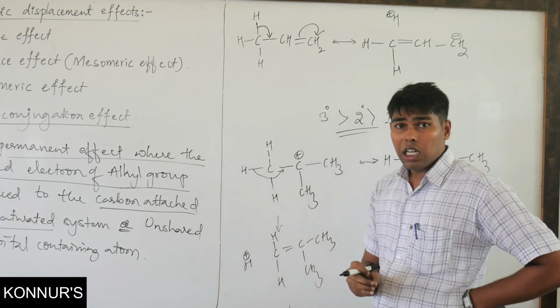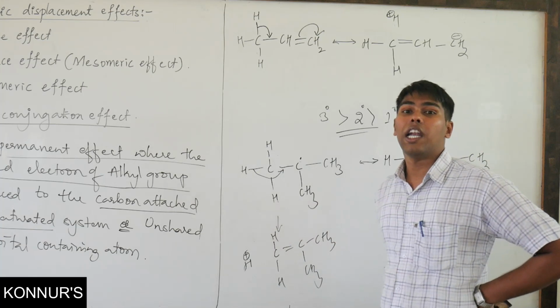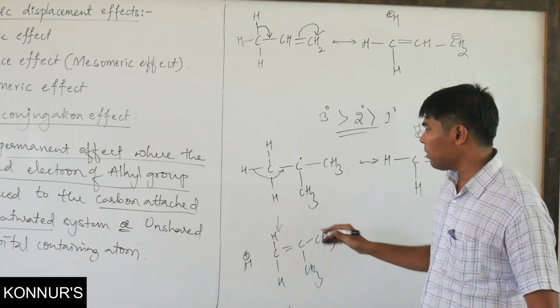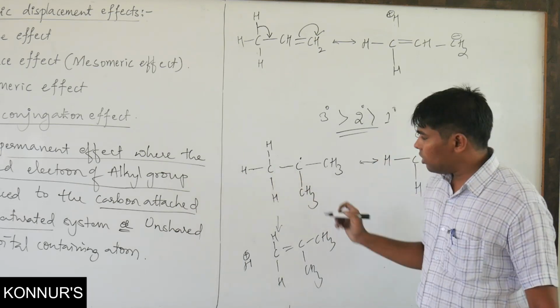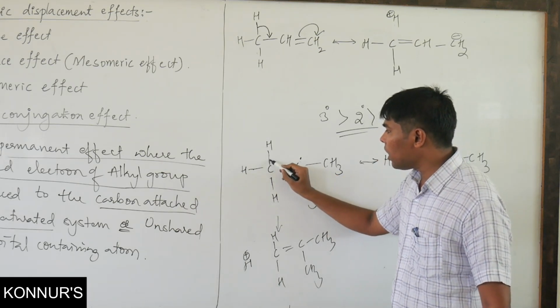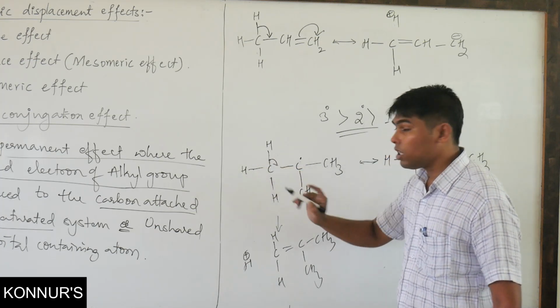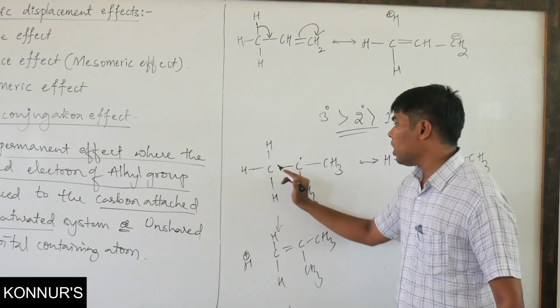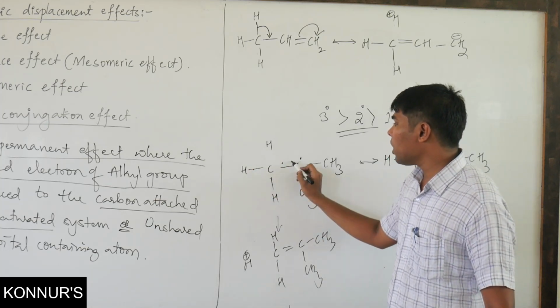This is also the same if it is a free radical, a tertiary carbon free radical. What happens is, here a single electron will move. So one electron from the carbon remains on the carbon only, with one electron displacement, a single-headed arrow. Here one electron from that hydrogen will come here.